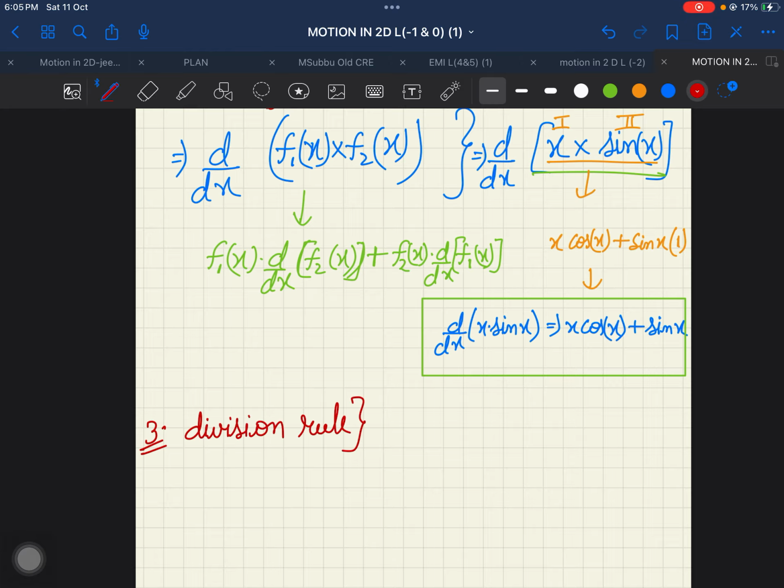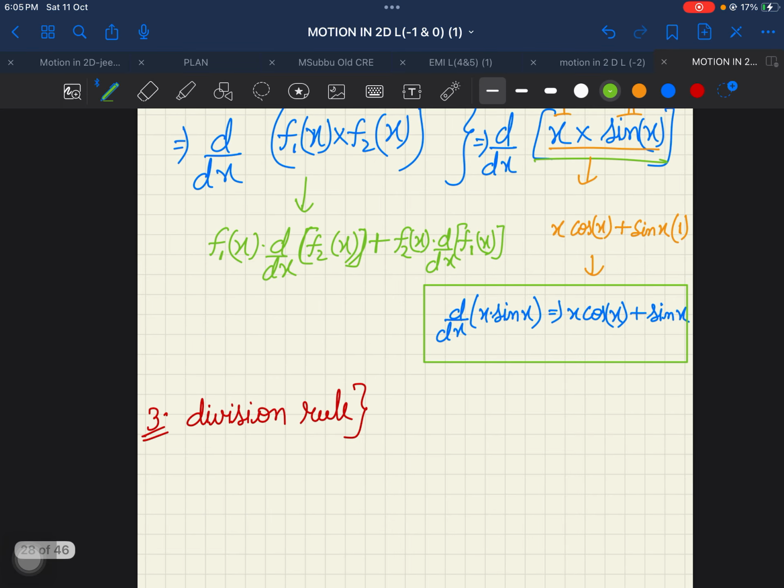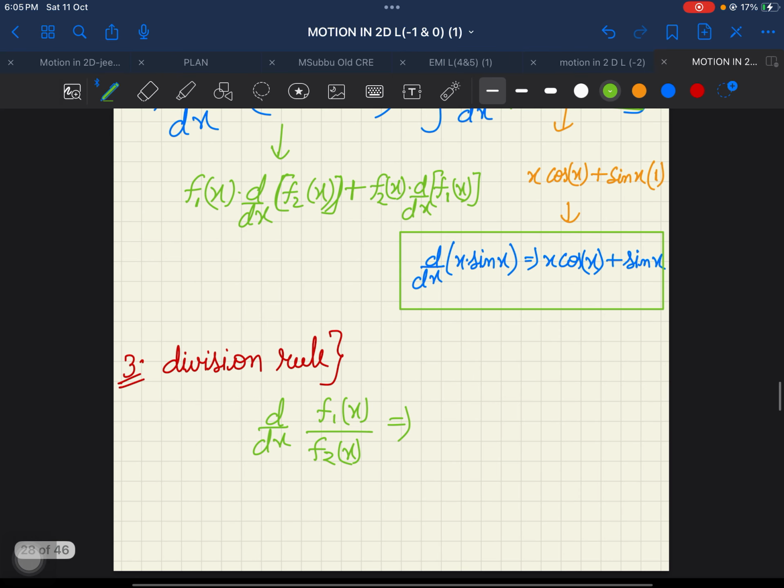Very simple again. Suppose you have two functions in division, meaning you have to differentiate d by dx of f1(x) divided by f2(x). Then the formula for the differentiation of this is very simple.